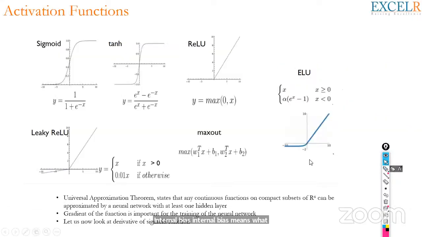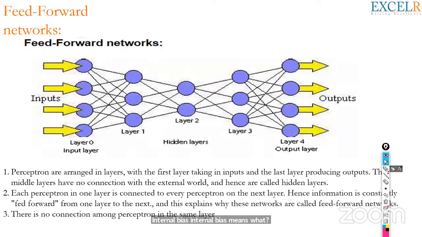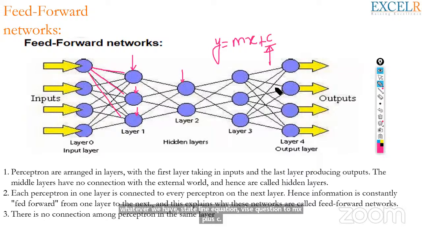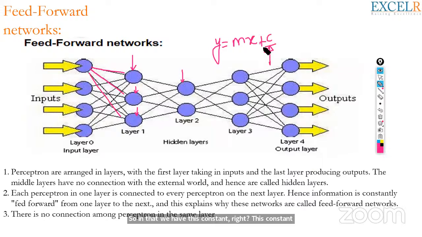Are you asking for this diagram? So if you see here, guys, we are getting the connections from the previous nodes. And for each and every node, we have a bias available. Right? Bias is nothing but just a constant. Just like in the straight line equation, y equals mx plus c, we have this constant. Same as this equation, we have some bias.